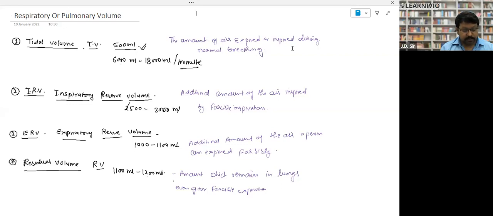Full stop. Thus, it is a forced inspiration. Full stop. It is 2500 ml to 3000 ml.